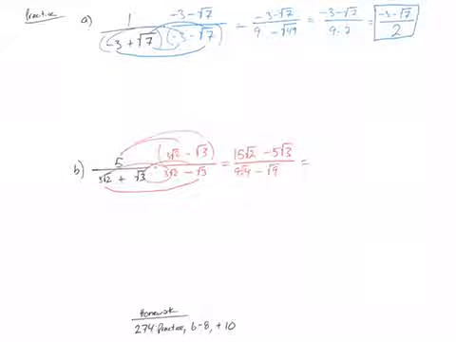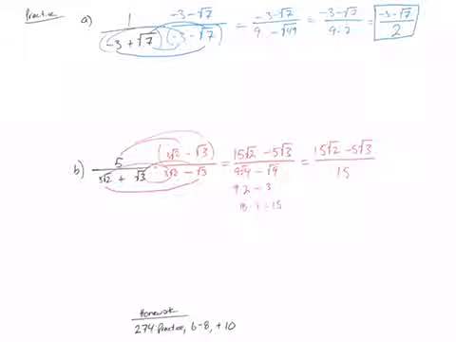This is going to come out to be 15 square roots of 2 minus 5 square roots of 3 over, this is going to give me 9 times 2 minus 3, so it's going to be 9 times 2 is 18 minus 3, which is just 15. So it's going to give me over 15.